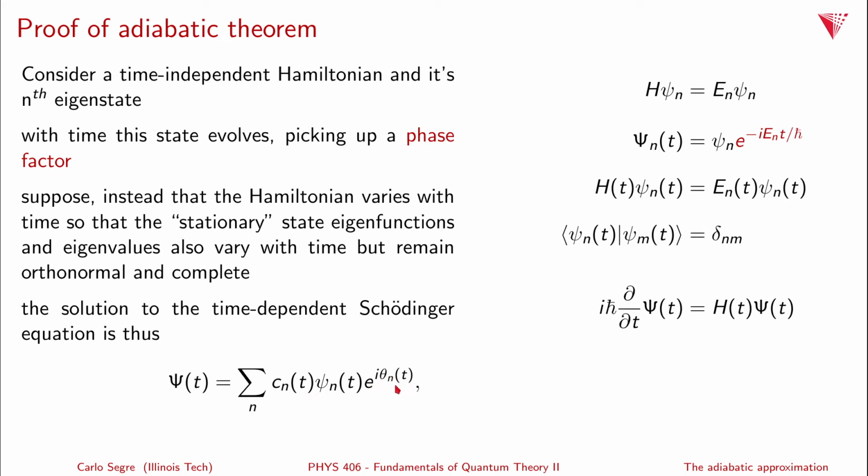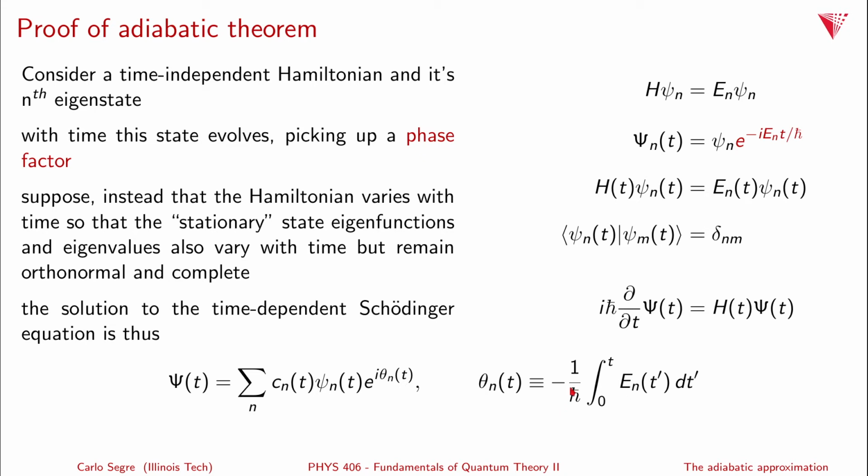This is my time-dependent phase factor, which is related to the energy of the nth state. But remember, the energy of the nth state varies with time. And so theta sub n of t now turns into an integral, because at every time the energy might change a little bit, and so the time dependence is going to fluctuate.